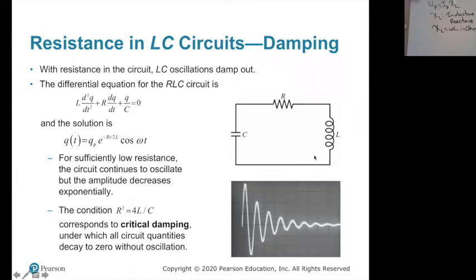So we'll start with current flowing this way, and then it will flow back, and then this way, and then back. Now, because we have a resistor in the circuit, we're going to lose power over time. We're dissipating our energy through heat. We end up with a charge that follows this formula.